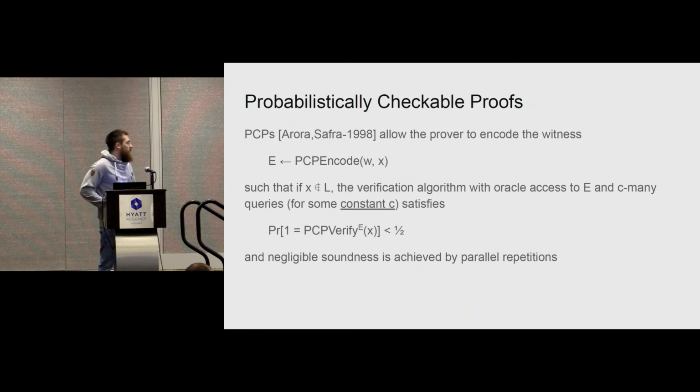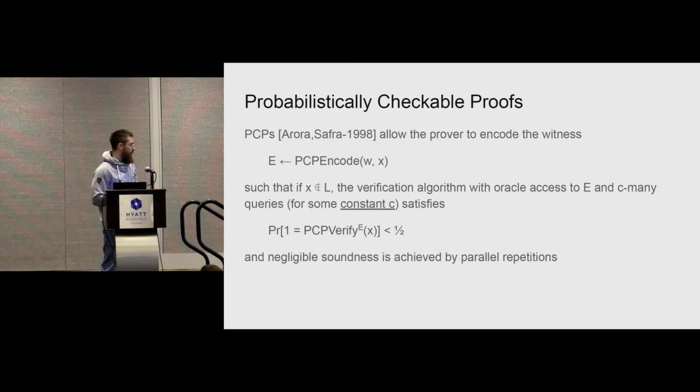A probabilistically checkable proof allows a prover to encode the witness W into a very large string E, such that the verifier can probe very few locations of the string E and then verify whether indeed W was a correct witness for X. Good. And by correctness, you should always return 1 whenever W is indeed correct.